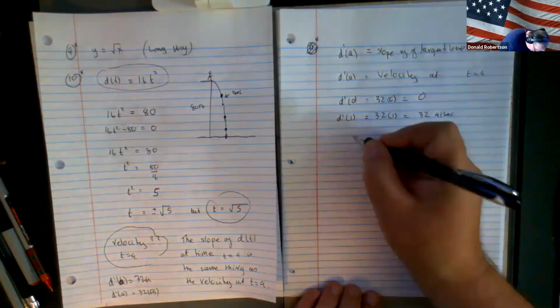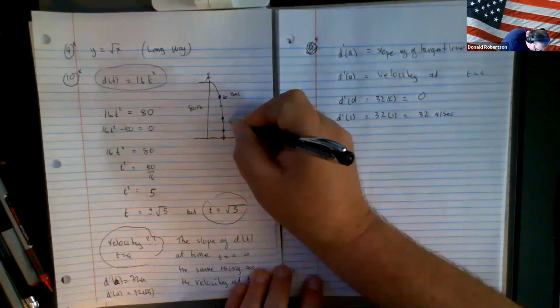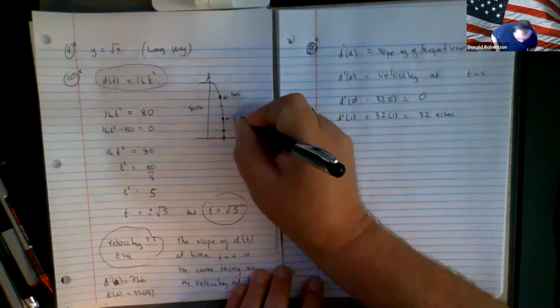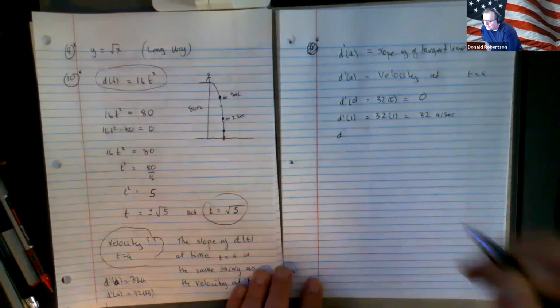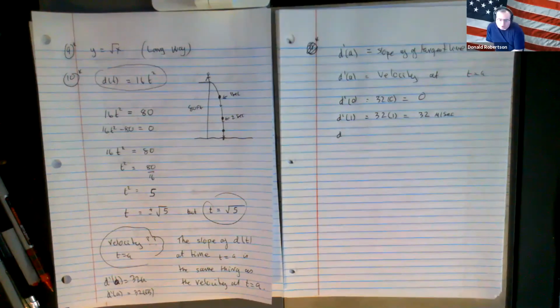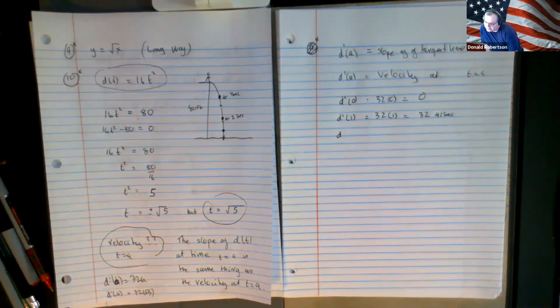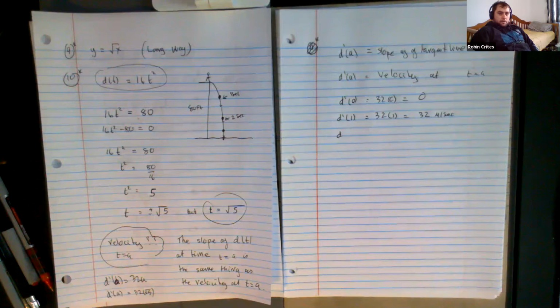Now, what about the 2 second mark? The 2 second mark is probably about here. Before we get this number, if you jump off a cliff, either deliberately or accidentally, do you keep the same velocity all the way down to hit the sea, or do you get faster? Once you hit terminal velocity, that's it.